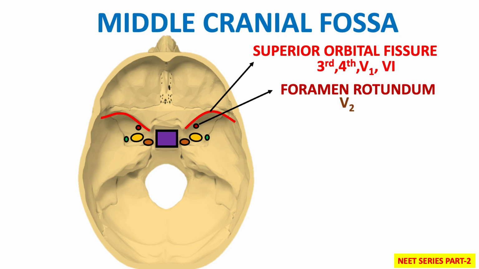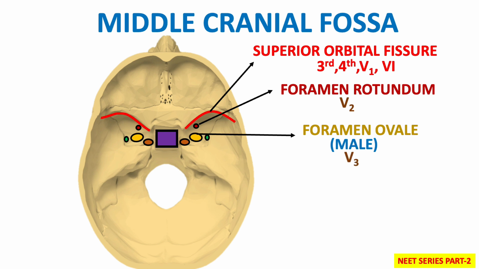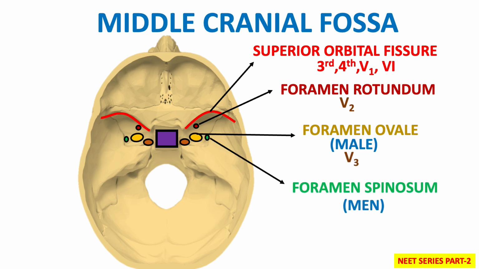The fifth, that is the trigeminal nerve, second division, the maxillary branch, passes through. Then we have the foramen ovale, through which the mandibular nerve passes. Then the foramen spinosum we remember as MEN, and the foramen ovale as MALE. Then we have the foramen lacerum.